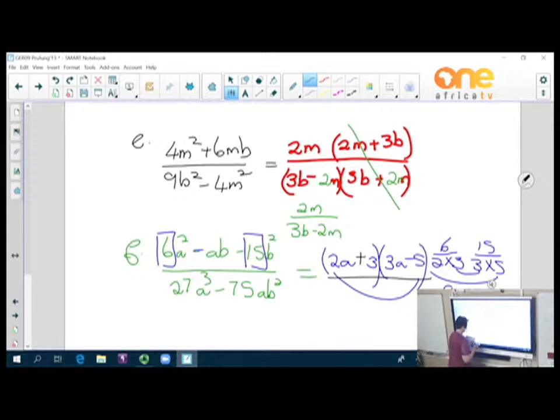What will divide into 27 and into 75? So I can take out there 3a squared. Then it would be 9a. And this one is minus 25 times b.